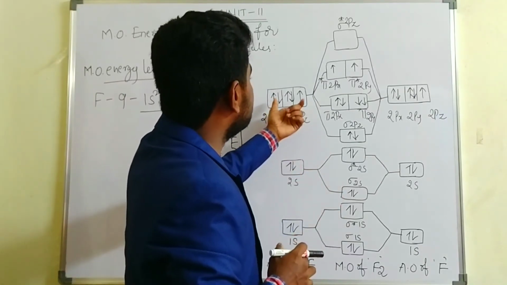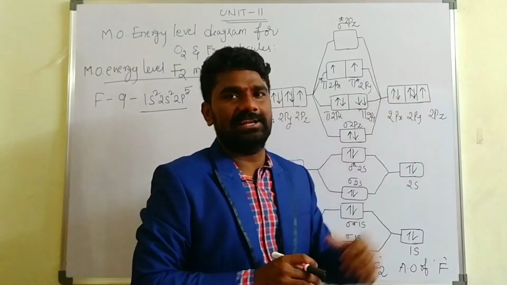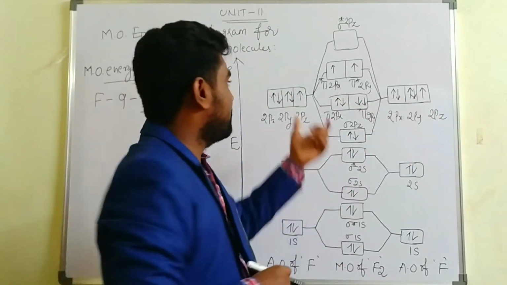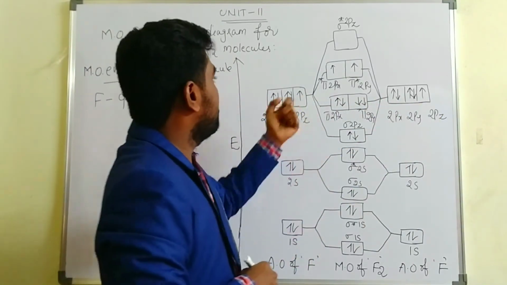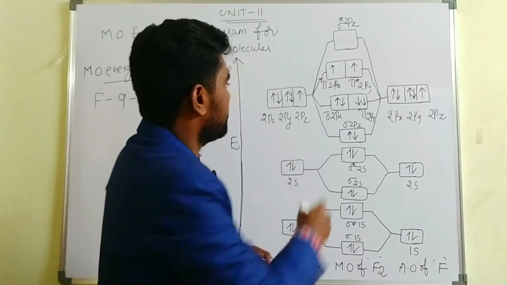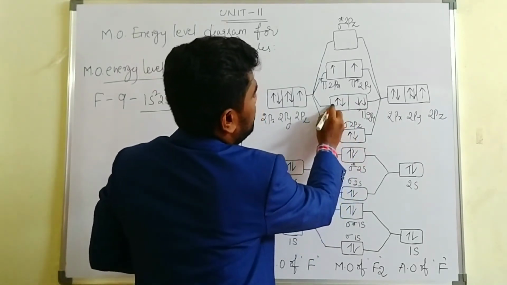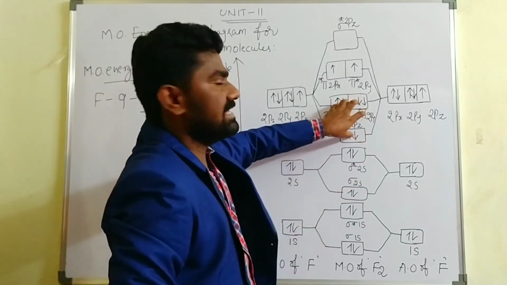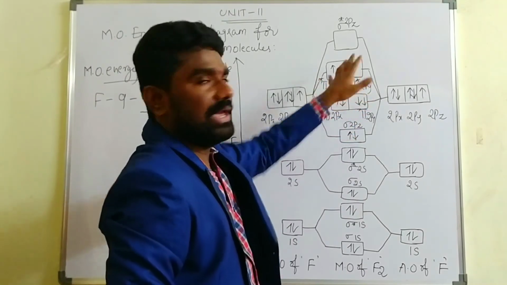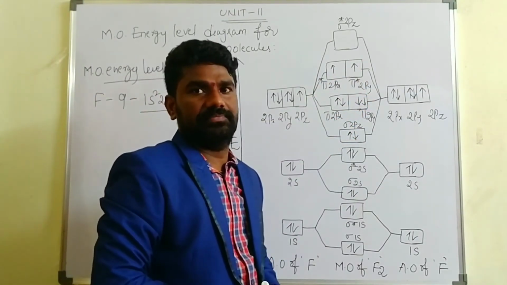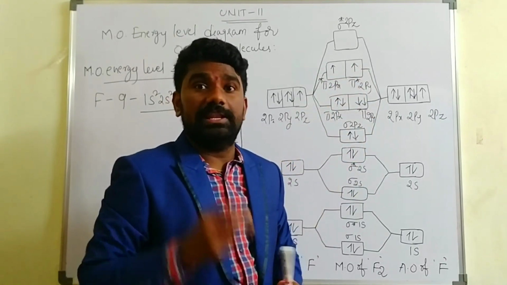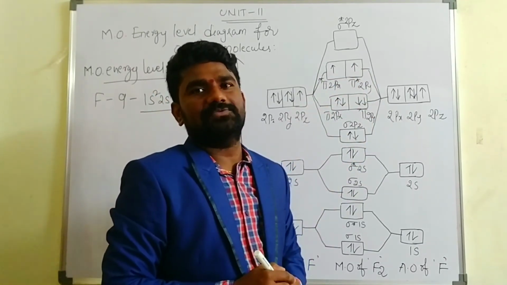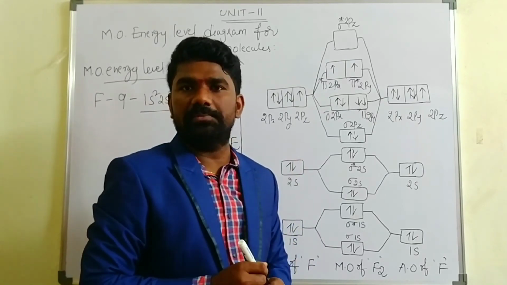In the oxygen case we have 4 plus 4, 8 electrons in the p orbital, but here 5 plus 5, we have 10 electrons. So here 2 plus 2 plus 2, 6, and 2, 8 will be finished here. So the remaining 2 electrons we are going to fill in the case of the fluorine molecule.